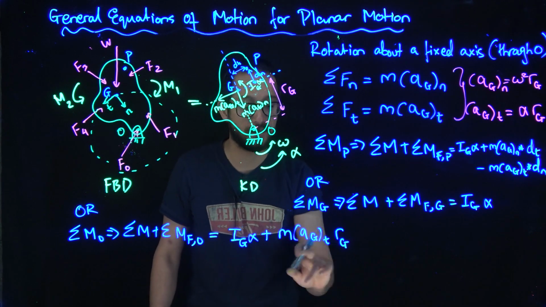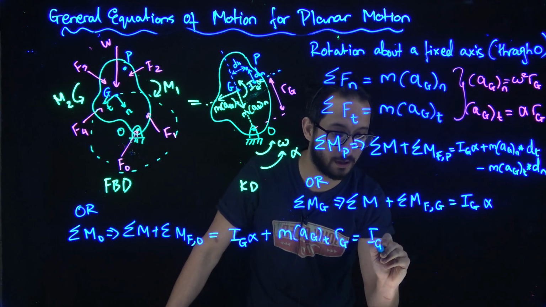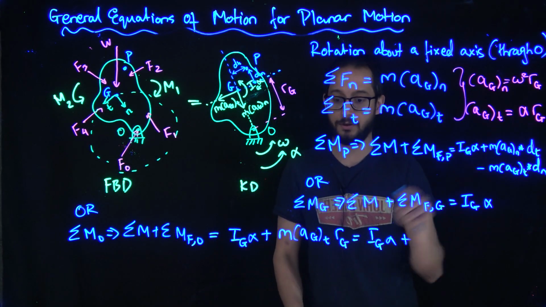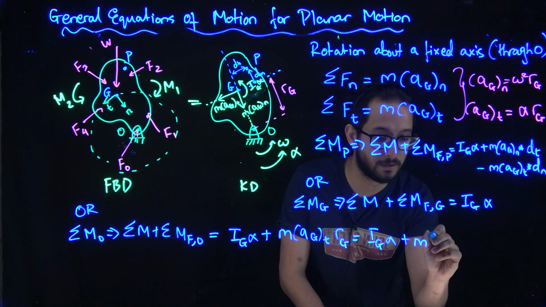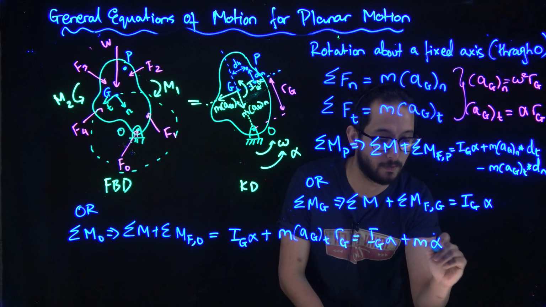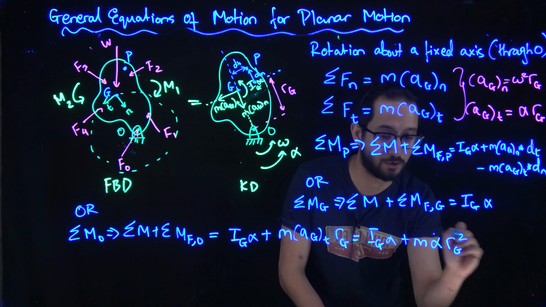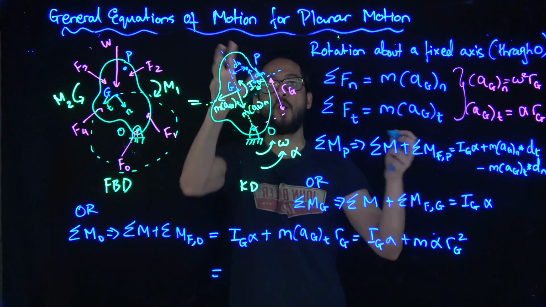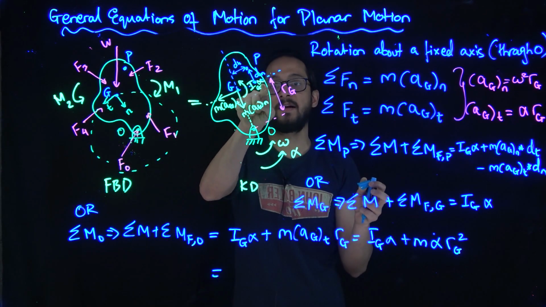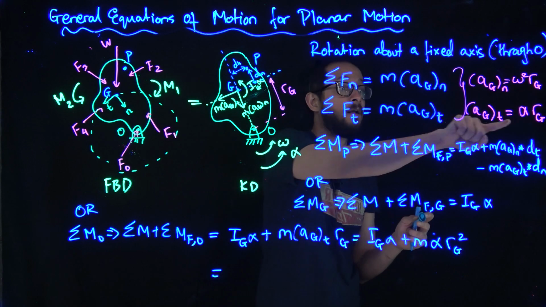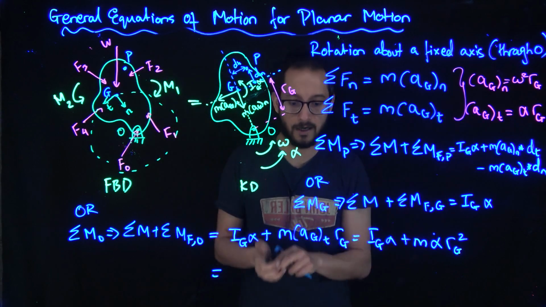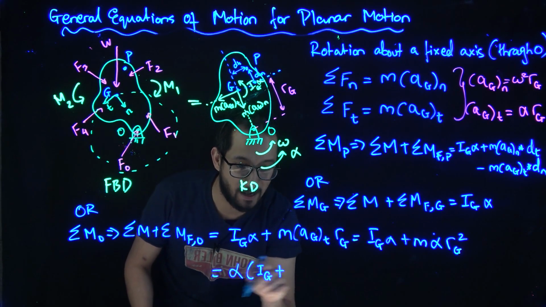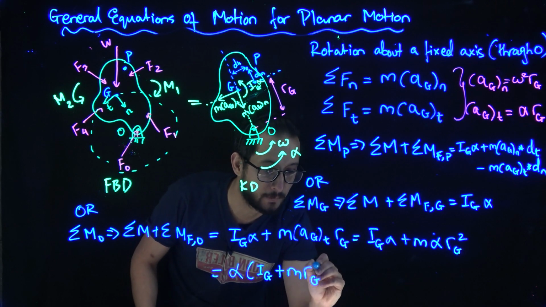Now what is MAGT equal to? So Ig alpha plus, we had seen that AGT is equal to alpha RG, so you end up with M alpha times RG squared. And if I take alpha out, now remember the angular acceleration for this rigid body is about the point O. So this alpha in the Ig alpha term and this alpha in this expression are the same, so I can just take that alpha out, and that gives me alpha times Ig plus M RG squared.